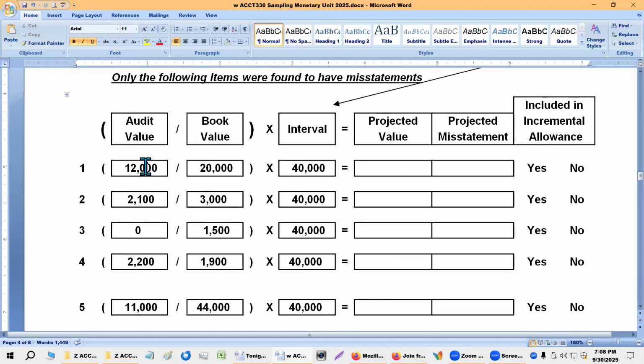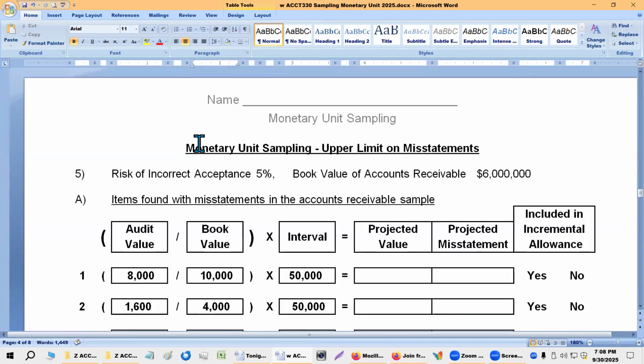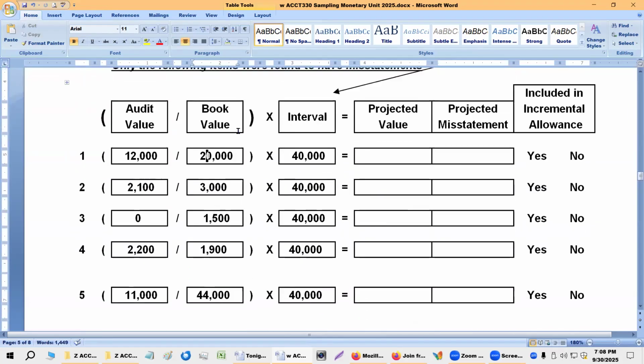Okay, so for the first one, the audit value is, by the way, this is kind of how they show it on the CPA exam.